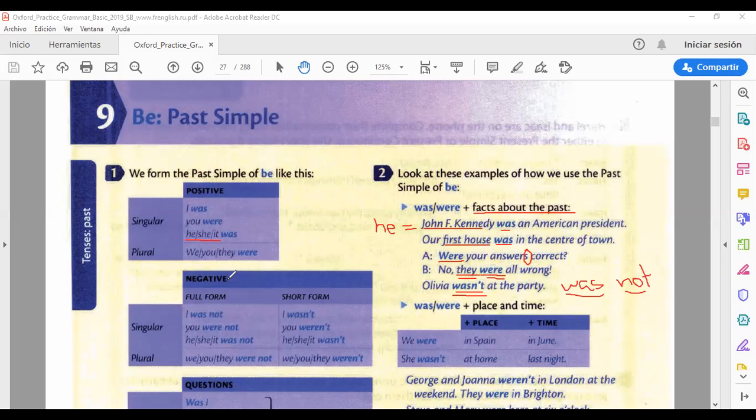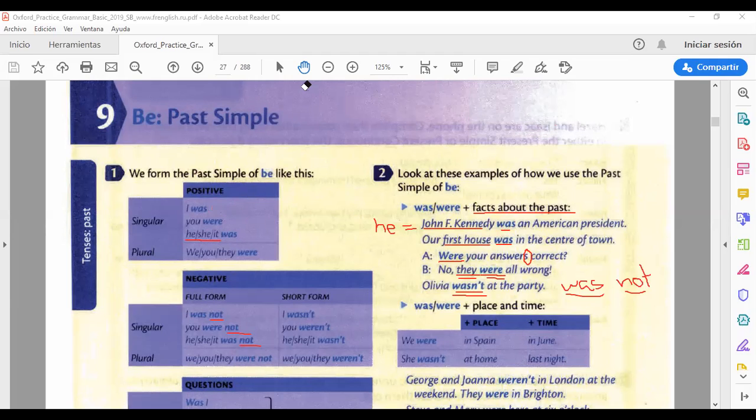How do we form the negative form? We go like this. I was not. You were not. He or she or it was not. See, this is the difference between the positive and the negative, because the positive doesn't have the negative form right here. It doesn't have it. So this is positive.